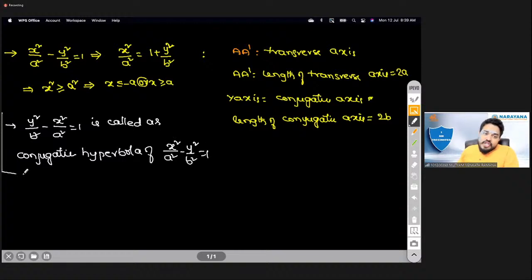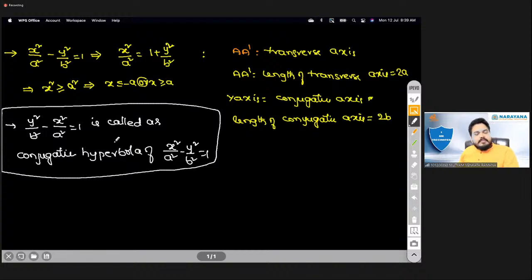It means interchanging the transverse axis and the conjugate axis. So the transverse axis of the conjugate hyperbola is the length of the conjugate axis.